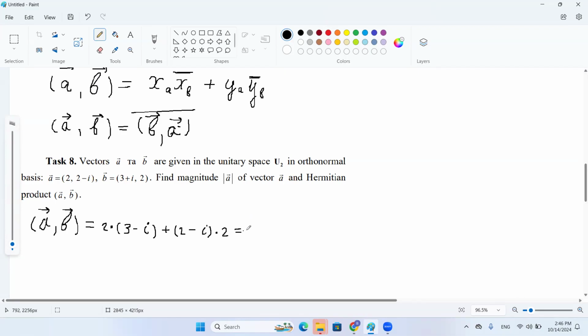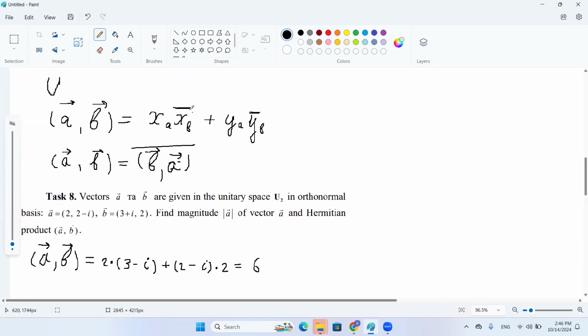So you have a question, right? Why did we write 3 plus I? Because we need to multiply by the complex conjugate. Let me remind you how we write a complex number: X plus I multiplied by Y, and the complex conjugate equals X minus I multiplied by Y. So we change the sign of the imaginary part.